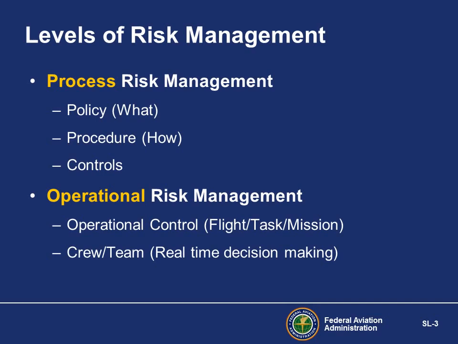Crew or team decision-making starts with frontline personnel, such as pilots, mechanics, cabin crews, and controllers. They must have tools and procedures that help them make decisions. We know the pilot in command is the final authority, but several levels of risk control should be employed. Organizations need to pay attention to all levels of risk management.